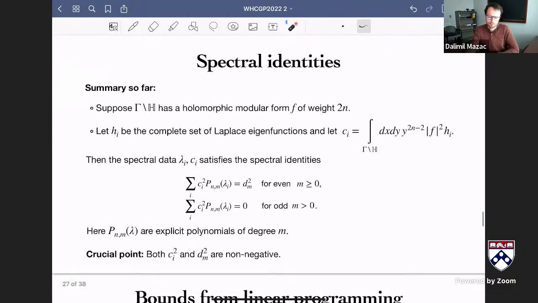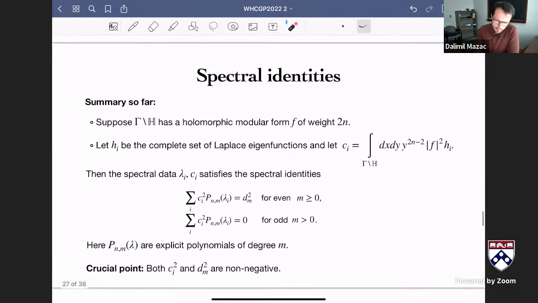So just to summarize, we have assumed that H mod gamma has some holomorphic modular form of weight 2n. And then let's take Hi to be the complete set of Laplace eigenfunctions, and let's define the Ci to be the overlap between the norm squared of the holomorphic modular form and this Hi eigenfunction.